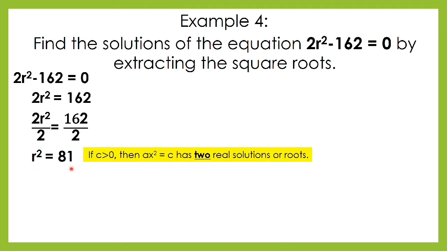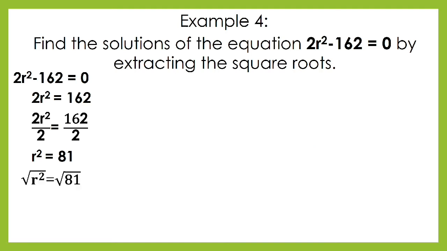Ano kaya yon? We will apply the extracting square roots. We will extract the roots of both sides of the equation. Okay, so meron na tayong square root of r squared equals square root of 81. We will simplify.